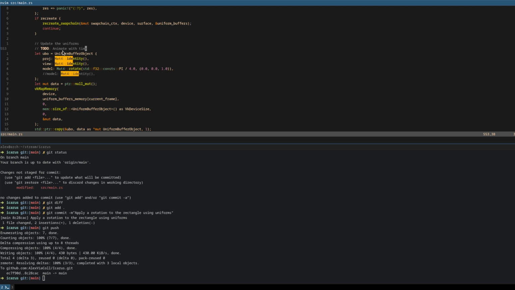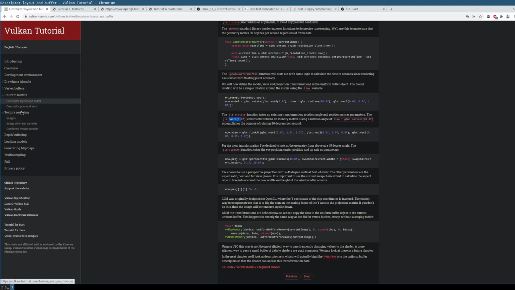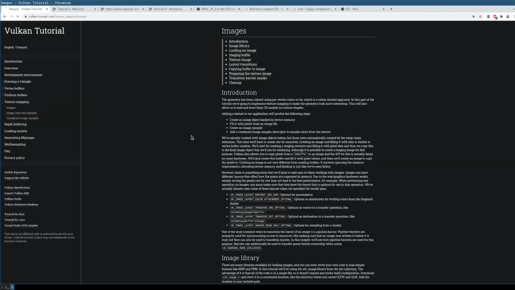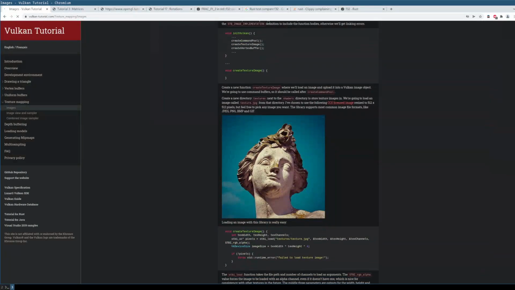Next time we will try to animate this uniform, so we get a constant animation of a rotating rectangle. And also the next chapter that we will take a look at is about textures. So yeah, we will be able to see an image on the screen, hopefully, from an image. So that's all for today. See you next time. Bye.